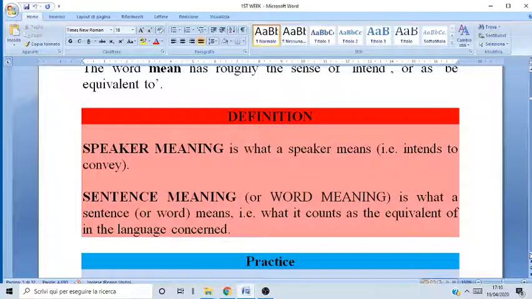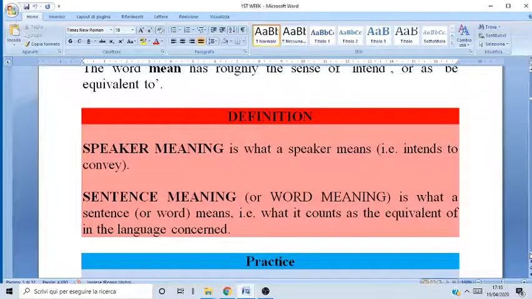The thing is that the word "mean" has two meanings. You can talk about a speaker meaning, that is what the speaker means through his words. What is the meaning that a specific speaker wants to convey through his words?